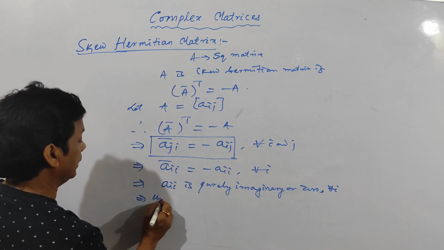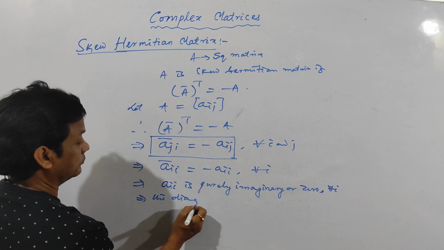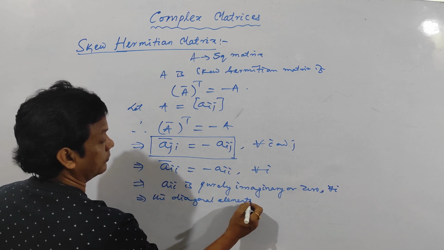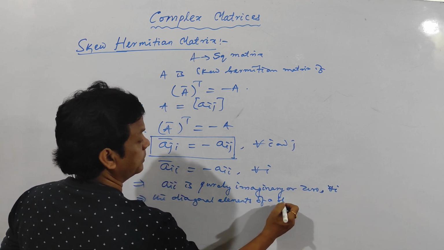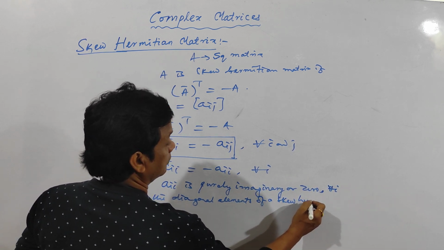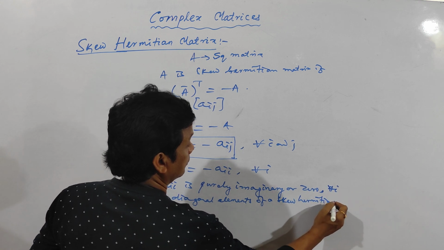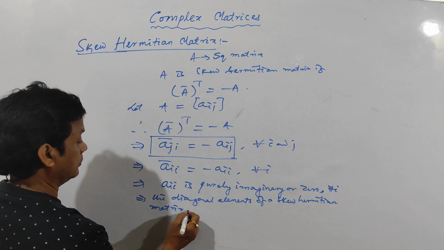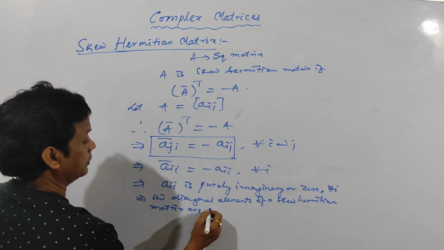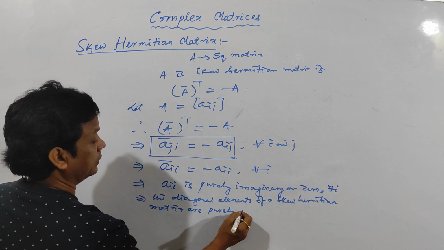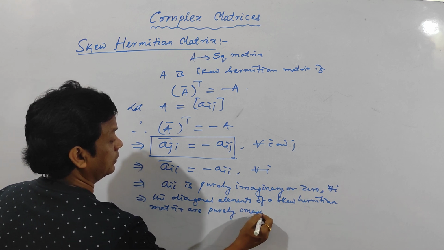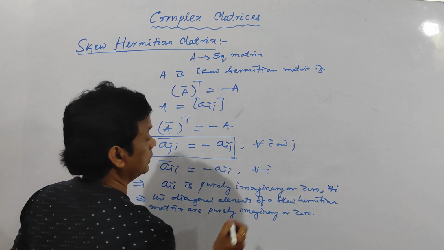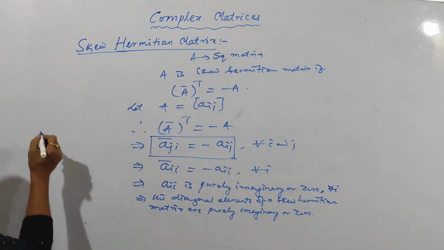That means the diagonal elements of a skew Hermitian matrix are purely imaginary or zero. Clear? So let us write the example.